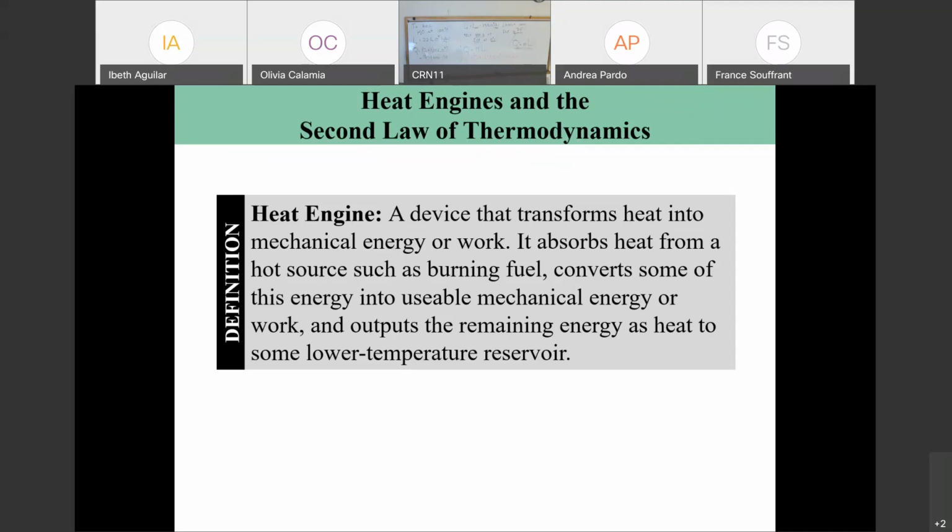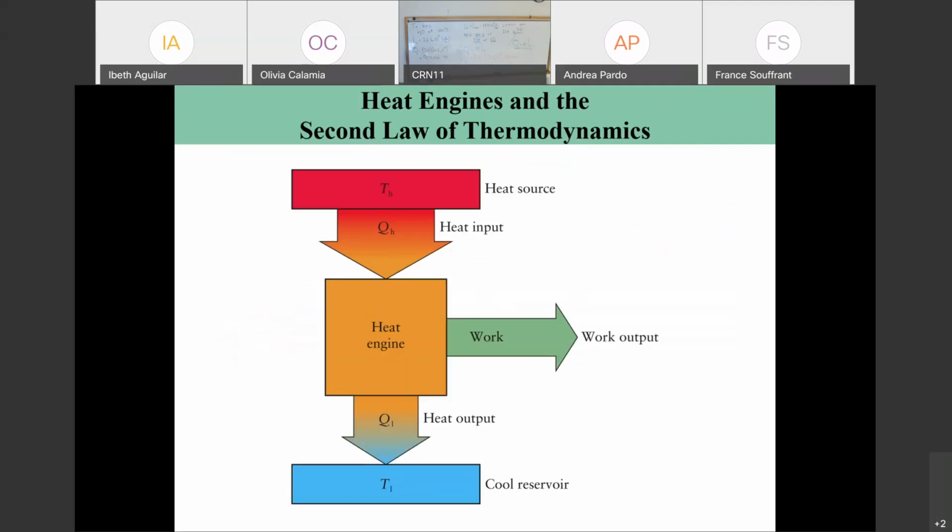Which is why entropy is defined as the rate of change of heat as a function of temperature. But again, don't worry so much about that. So that's your thermal machine.